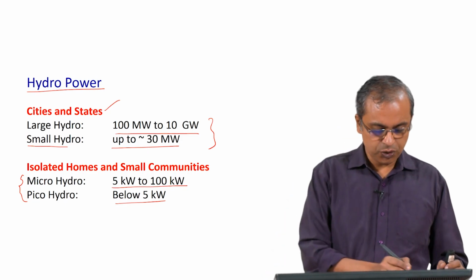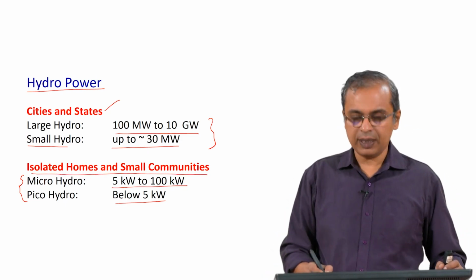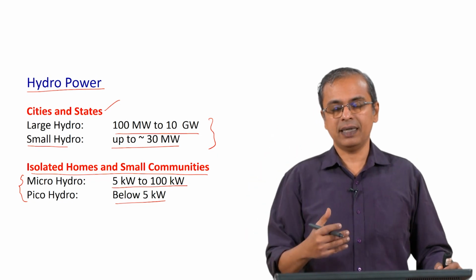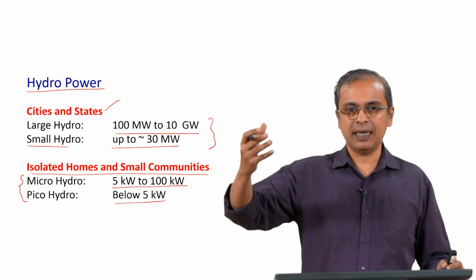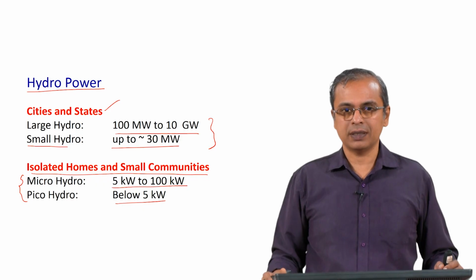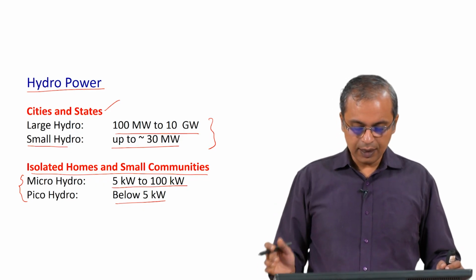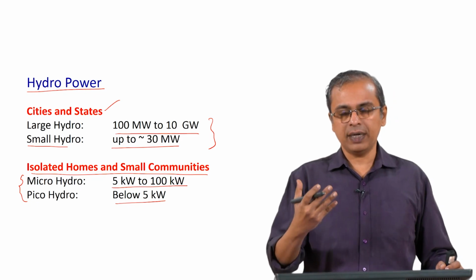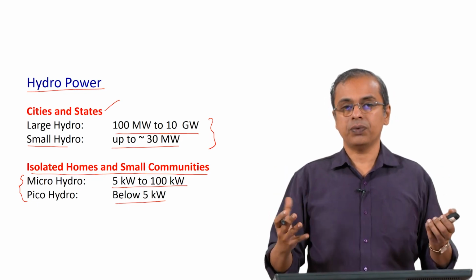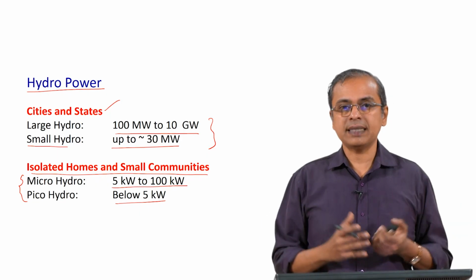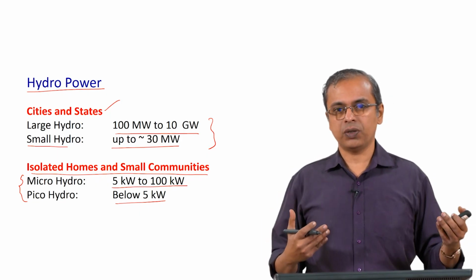They are often used to power isolated homes and small communities, especially in wilderness areas, say on hilly terrain where there is some natural flow of water, and you tap into that natural flow of water. So, this is the landscape of hydropower, the range that you are looking at.